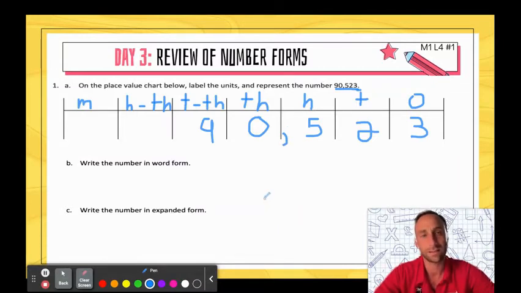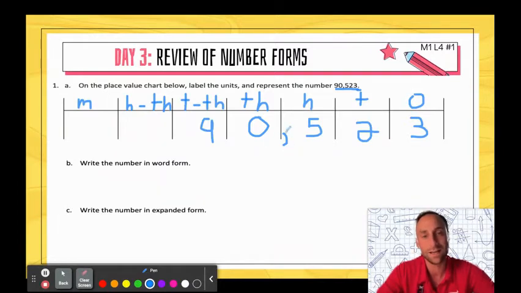So now they're tasking us and asking us to write the number in word form. So if we could remember all the way back to just a few slides ago, we went over word form, and my number one trick is to write it how you say it. So here I see 90,000. So anytime I see a comma between the thousands and the hundreds place, when I'm reading a number, that comma to me says thousands.